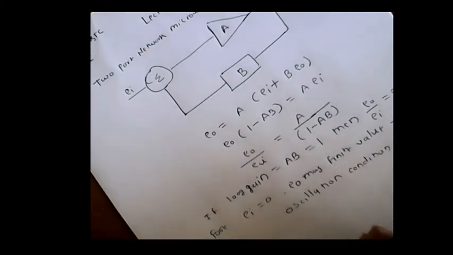Suppose the input is 0 and E0 is 2 volt, 4 volt, 6 volt, then the oscillation will start. Input voltage is 0 and E0 may be a finite value, so our oscillation will start.